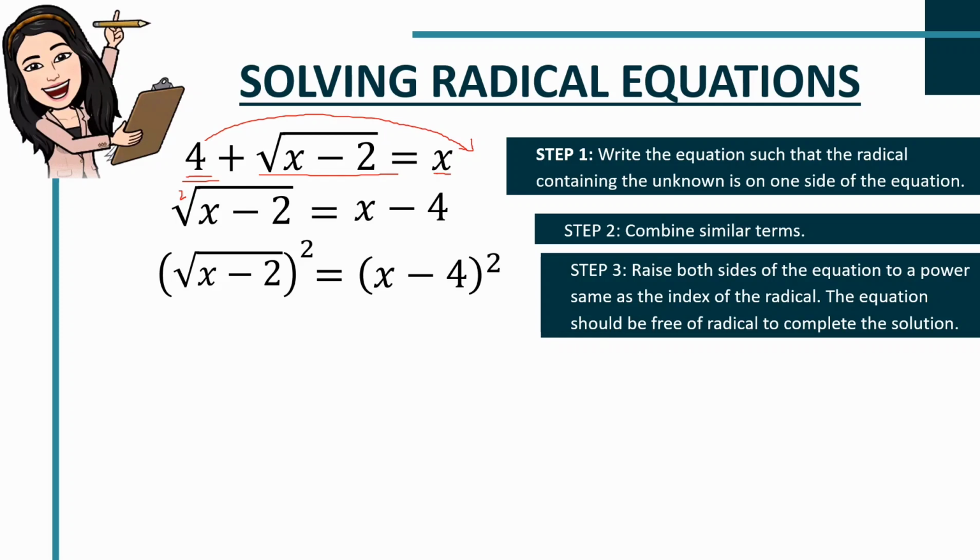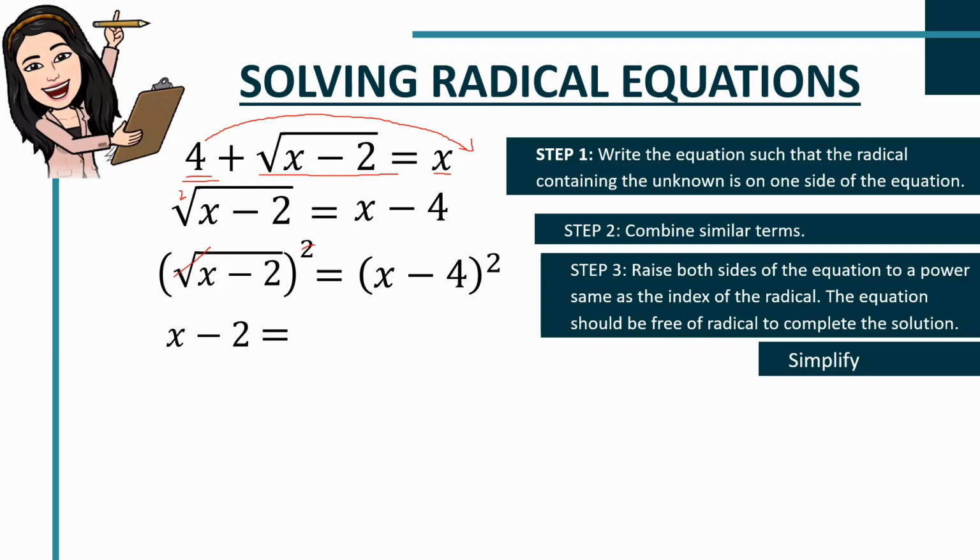Maliwanag po. Okay, so let us simplify. What is square root of x minus 2 raised to the power of 2? Okay, so we have x minus 2. Nakuha? Can you follow?